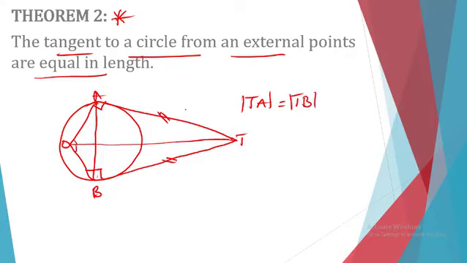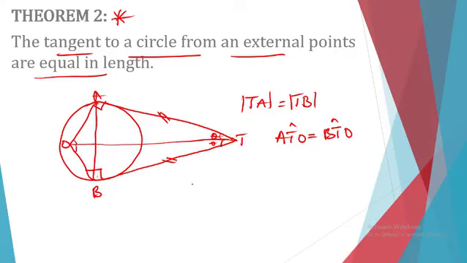Then also angle ATO is equal to angle BTO. The angle here, let's take it to be theta, is also equal to angle BTO. So these two angles are equal.